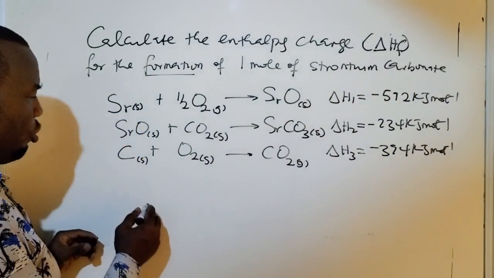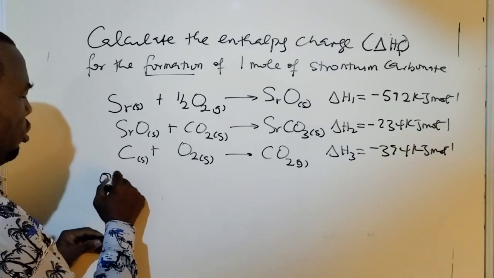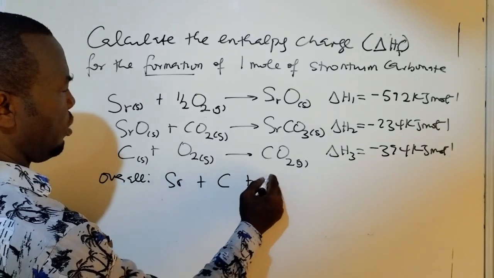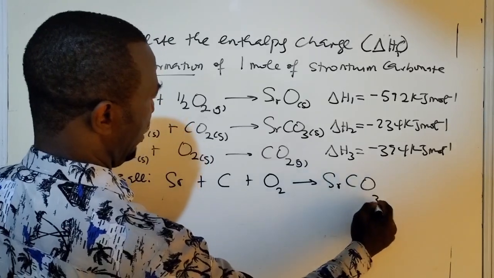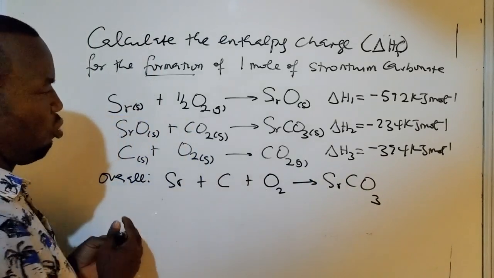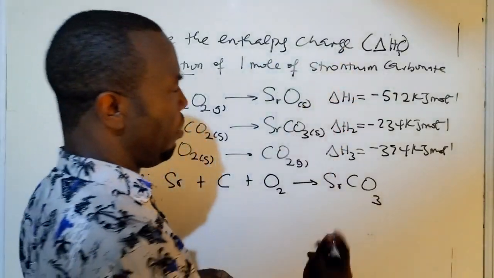So write the equation. The overall equation should be Sr plus C plus O2 to have strontium carbonate. Our concern here is this should be 1 mole. The number of moles on this side can change, but since the compound we're getting is strontium carbonate, our formation had to do with 1 mole of this.